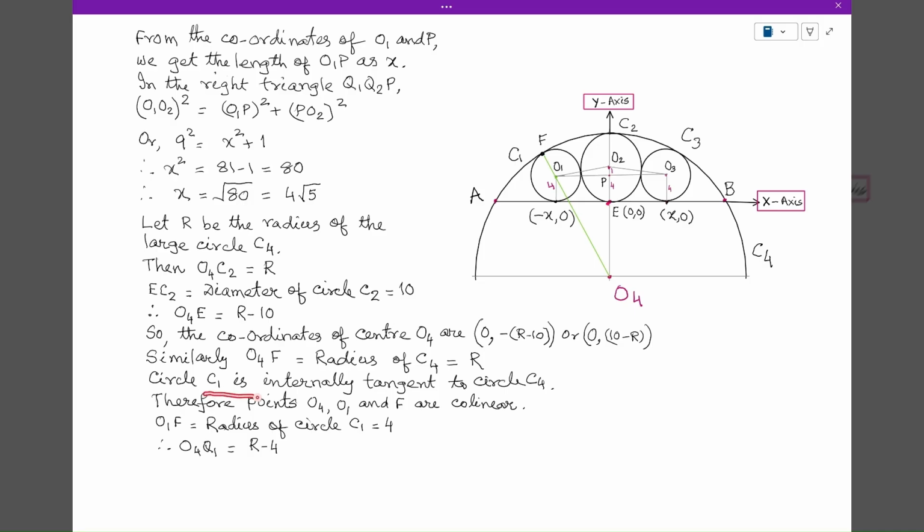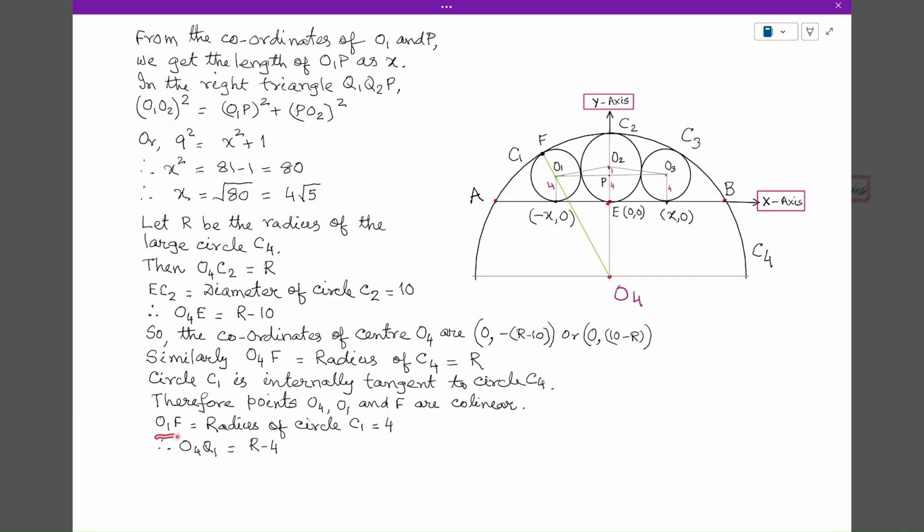Circle C1 is internally tangent to circle C4. C1 is here and C4 is like this, so both are tangent to each other. Therefore, points O4, O1 and F are collinear.